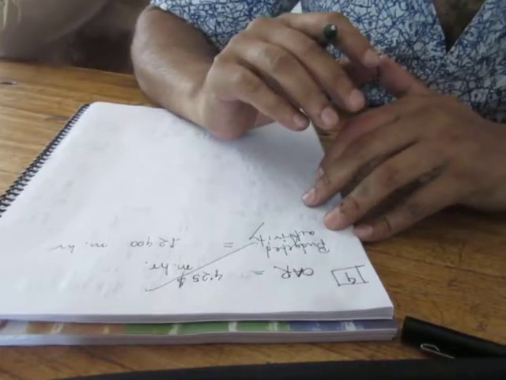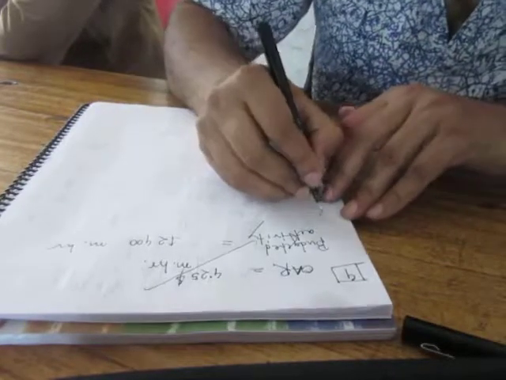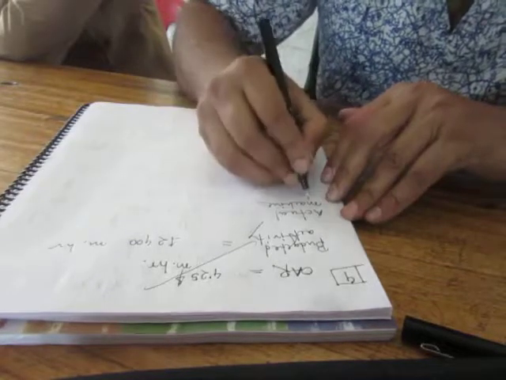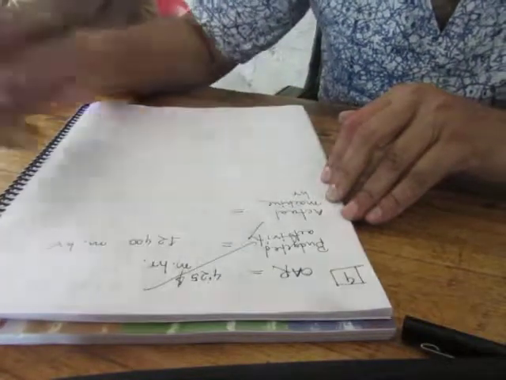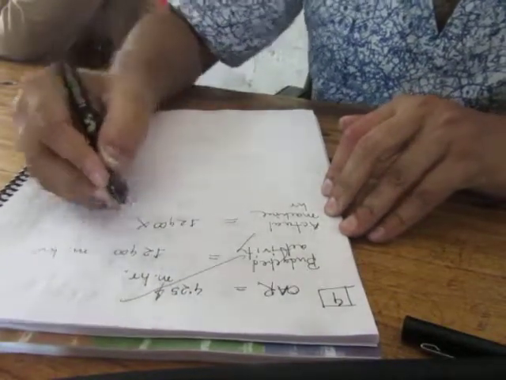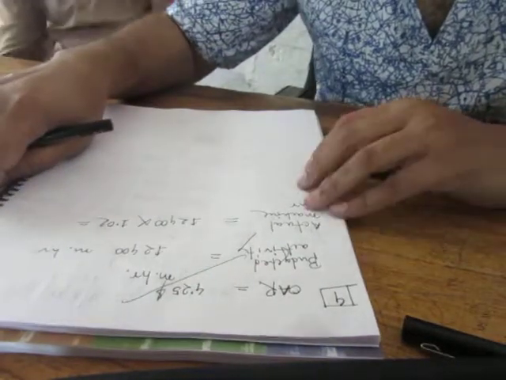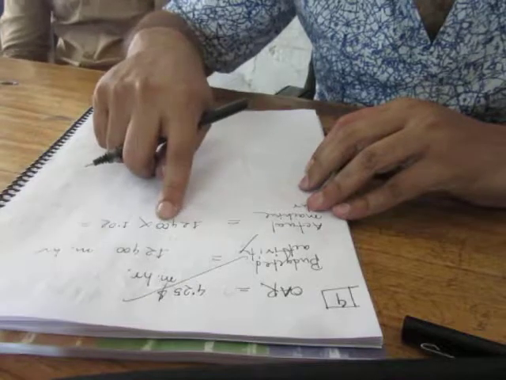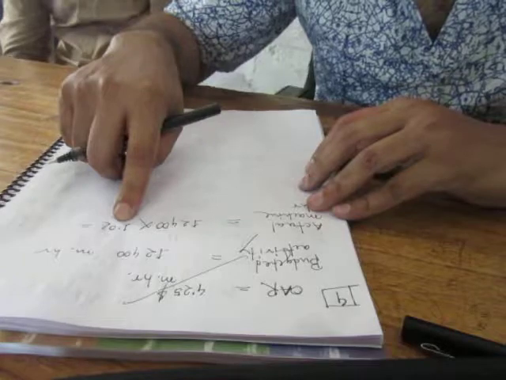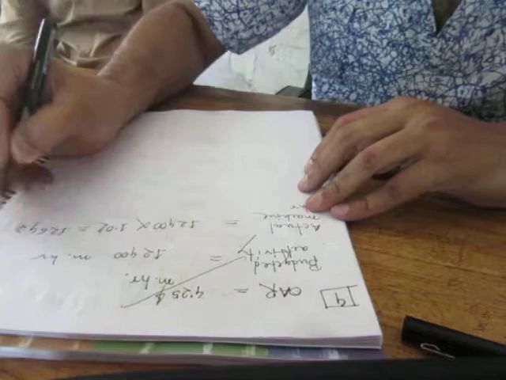In the period covered by the budget, actual machine hours worked were 2% more than the budget. So we can find out the actual machine hours, which are 2% more than the budget. 12,400 into 1.02, how much does it come to? 12,648.